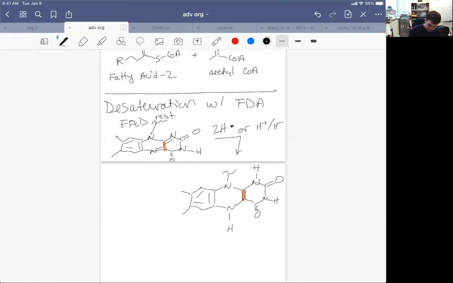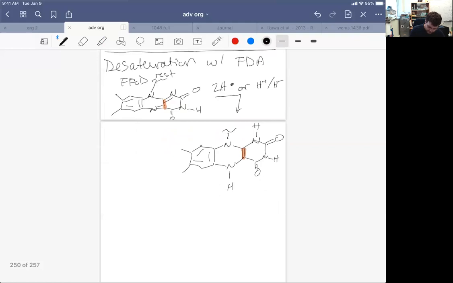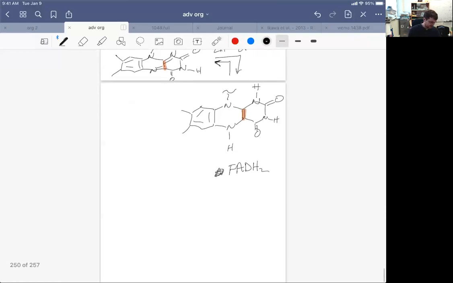Okay, so we can actually go back and forth between these two species, the FADH2 and FAD. So this all stands for flavin adenine dinucleotide. Let's not worry about that too much. But it's a different cofactor, a nitrogen heterocycle. It can accept H minus, that variety of hydrogen.